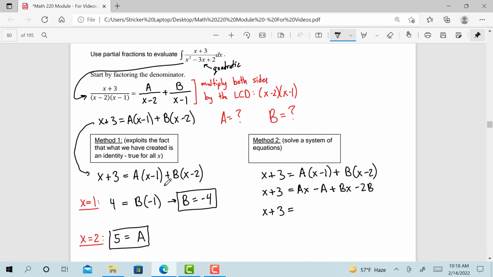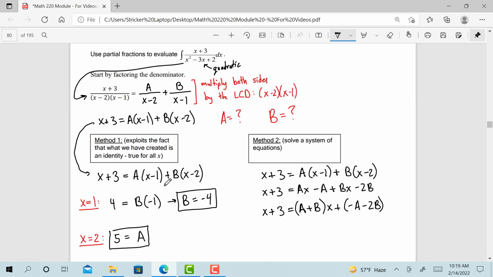The x terms look like ax plus bx, and since they both have x in them, we could factor the x out, and so that would look like (a plus b) times x, and then we have our two constant terms, which look like minus a minus 2b. And it probably is actually even better, so let's go ahead and rewrite it like this. So let's say plus the constants, and the constants again are minus a minus 2b.